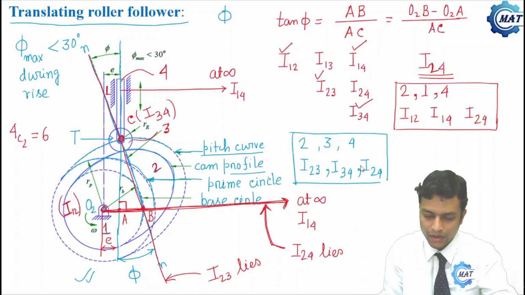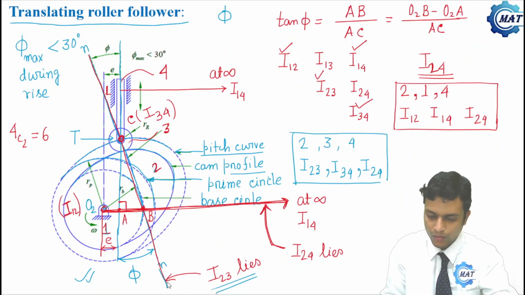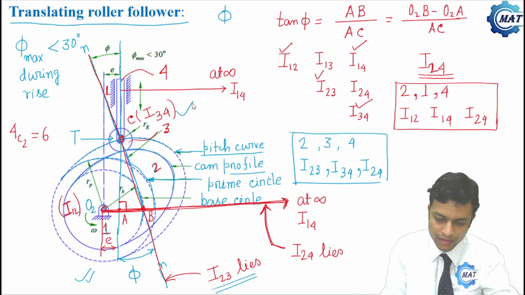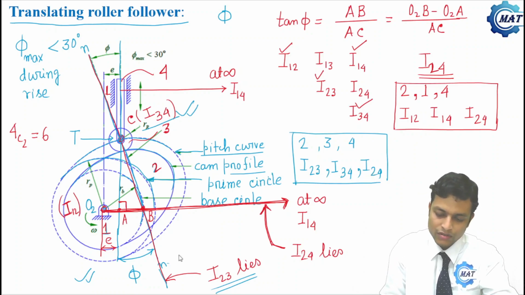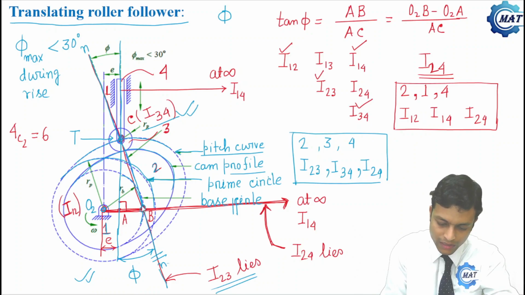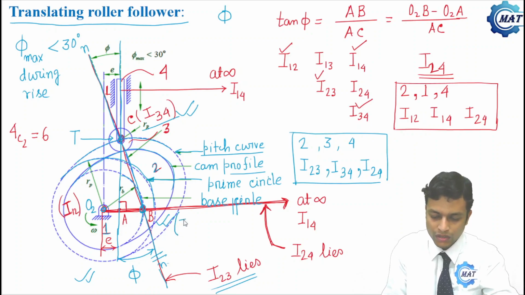Where is I23? I23 lies on the common normal. And this is I34, that is the roller center. So I24 also lies on the common normal. So I24 lies on this line as well as on this line. The intersection of these, point B, is the location of I24.